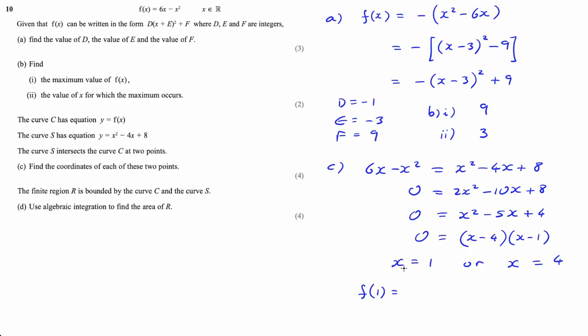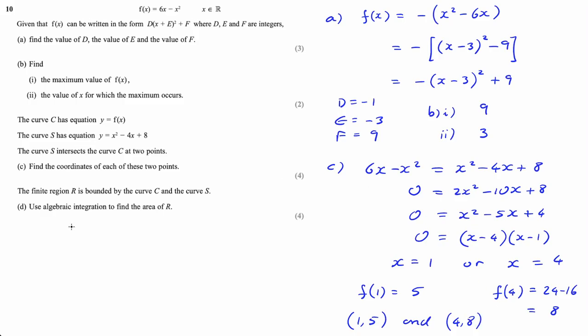And then f of 4 is just going to be 24 minus 16, which is equal to 8. So therefore, the coordinates of each of the points are 1, 5, and 4, 8.